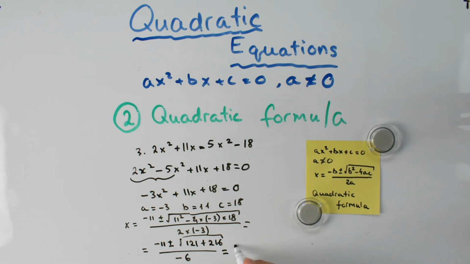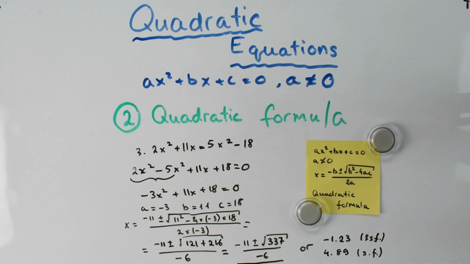Once you add those up, it becomes 337, and unfortunately that doesn't simplify like the square root of 12 again, so this will be our final answer: minus 11 plus or minus the square root of 337, divided by minus 6. And then I'm gonna give you the answers that would be calculated using a calculator.